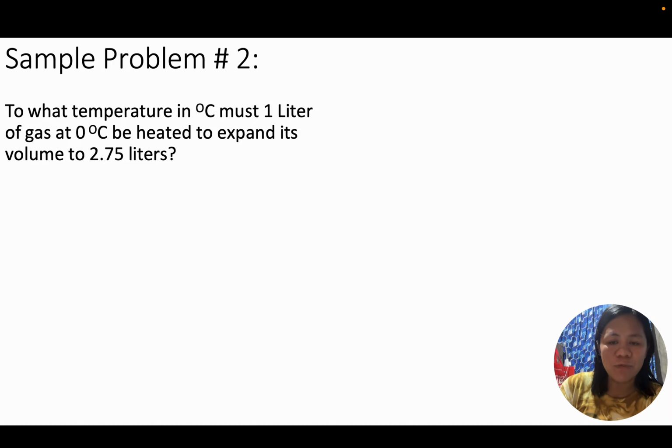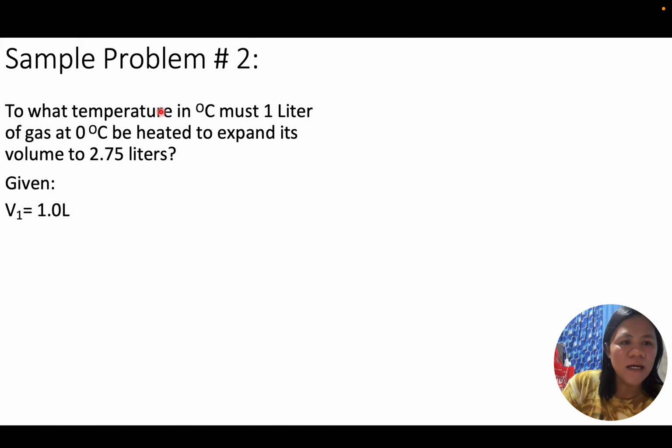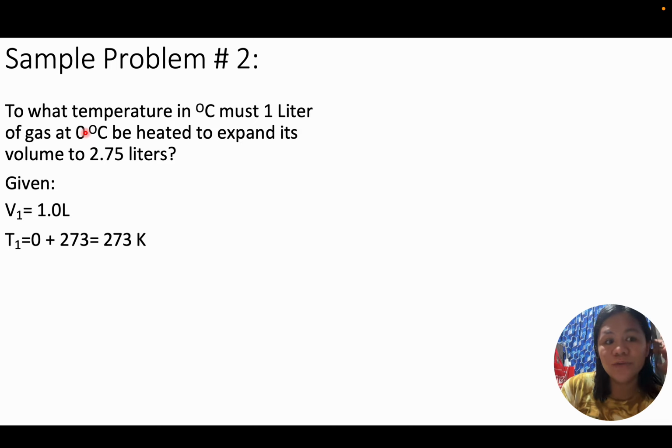So, first, identify muna natin yung given. So, you have our V1, no, na-mention dyan, 1 liter. Okay? Ang T1 naman natin, no? T1 natin is 0 degrees Celsius, so plus 273 is equal to 273 Kelvin. Ang V2 naman natin is 275 liters.